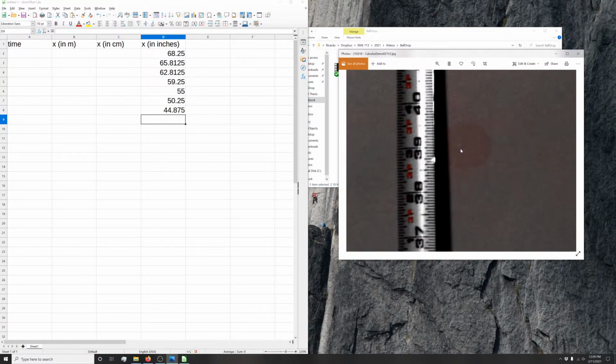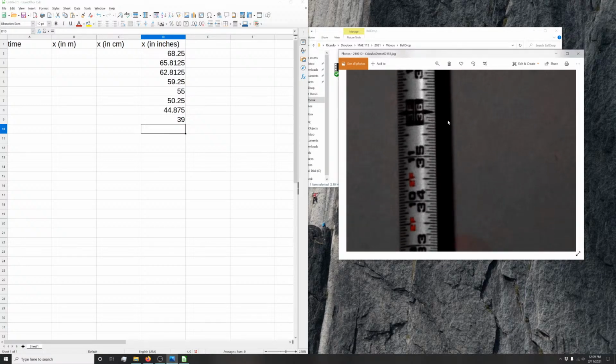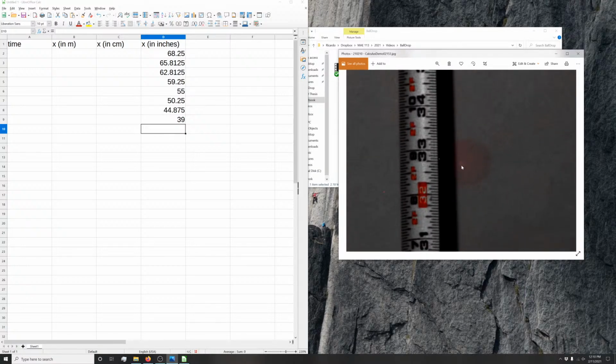And so hopefully what I've done well enough is that I should have a parabola when I'm doing it with respect to time. So that looks about 32 3/4 of an inch.